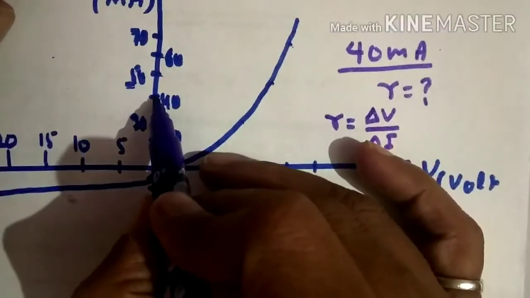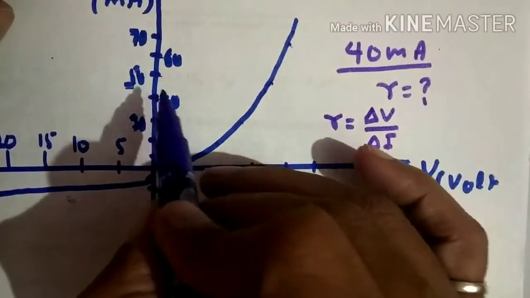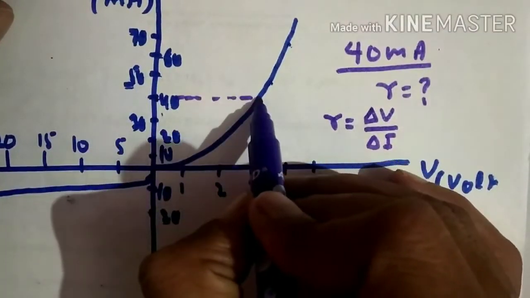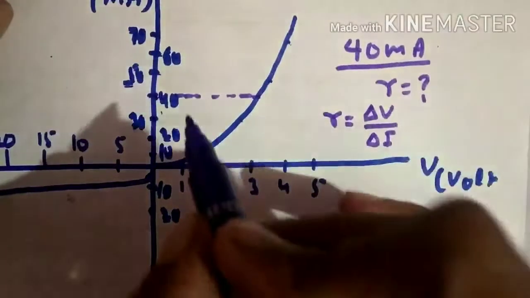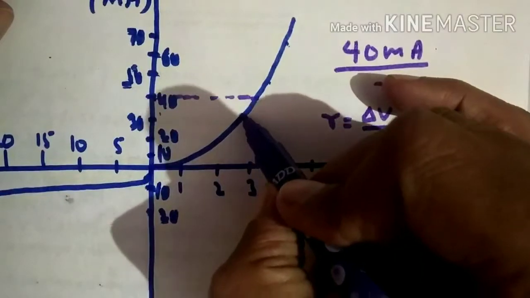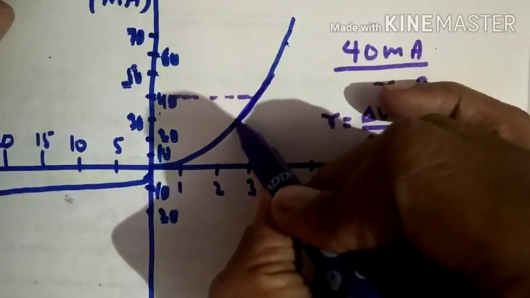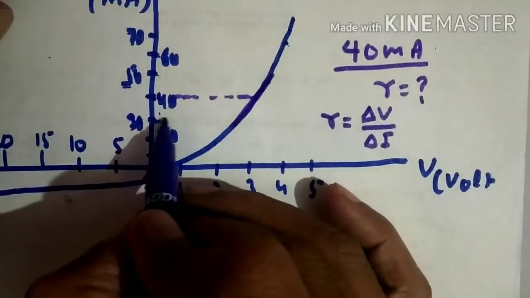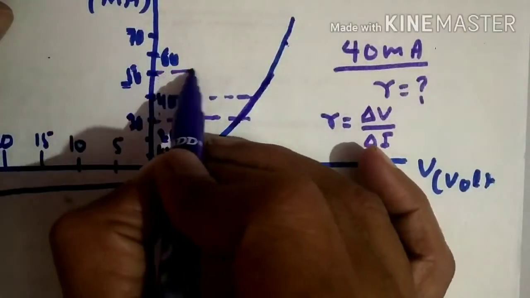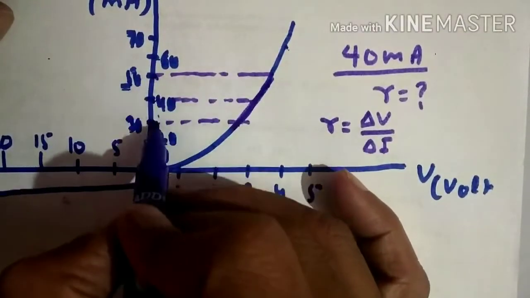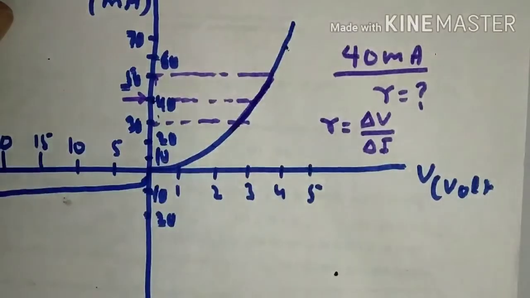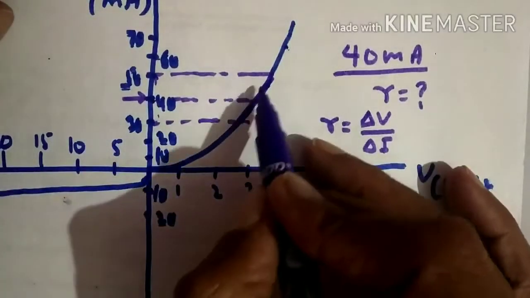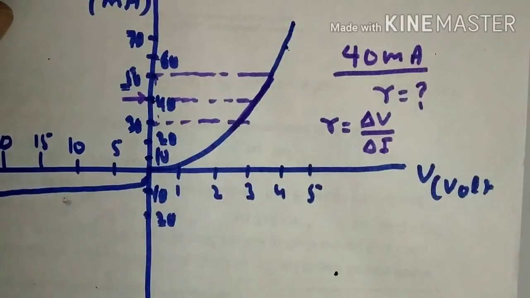Imagining that when the current is 40 milliampere, there is a part of this graph which starts from 30 to 50, at equal range from both sides of the 40 milliampere. So this part of the graph I am imagining is a straight line.